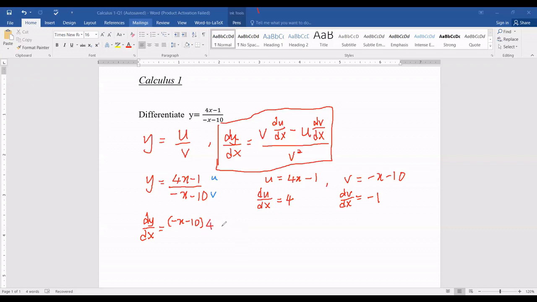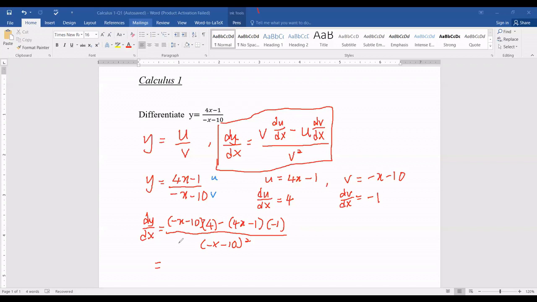Just substitute, minus, now it's u, and we know u is 4x minus 1, and dv over dx, as we know, is minus 1. All over v squared, so we just substitute the value, minus x minus 10, squared. You don't have to expand it, just leave it as it is.